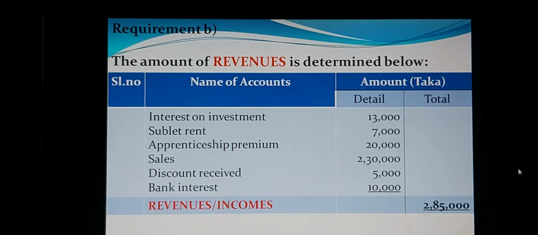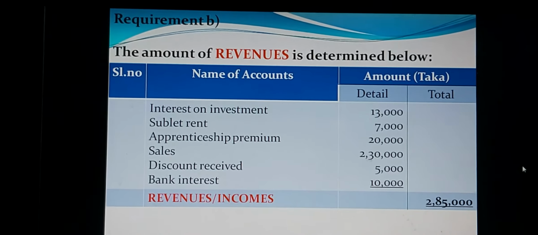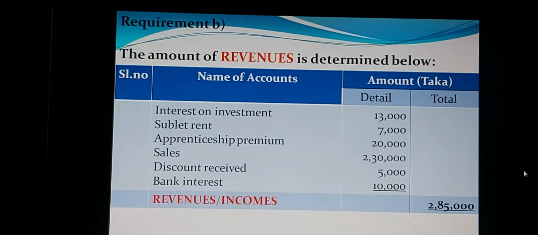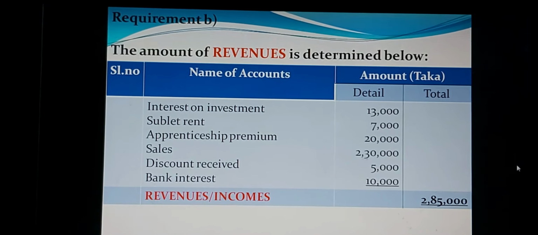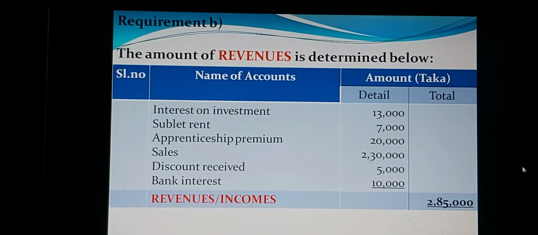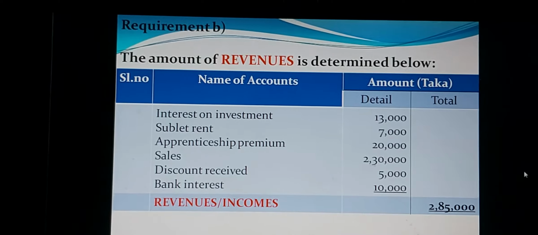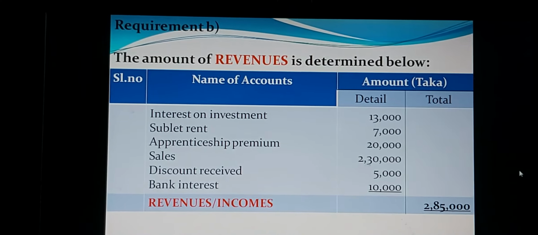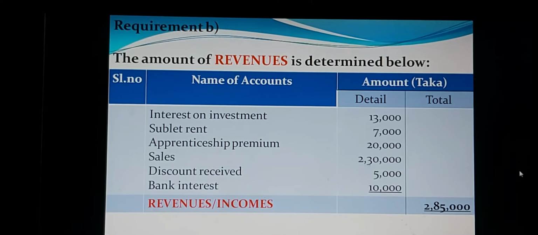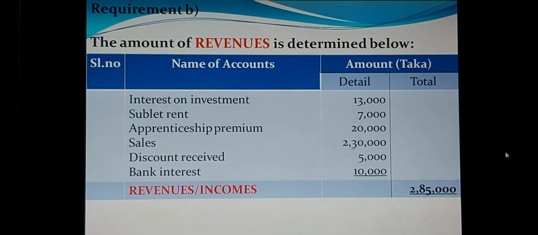Determine the amount of revenues, that is income. So I think you have written in your copy the home assignment, and now you match the answer with me. Totally 6 revenues amount are available in this STEM.